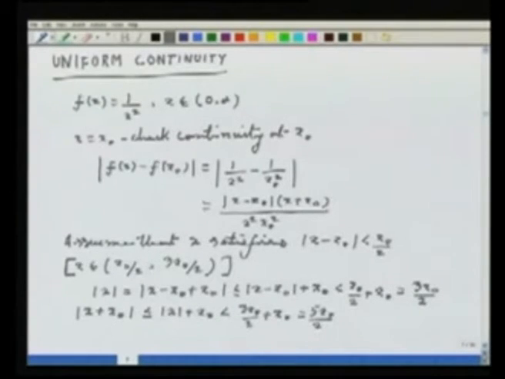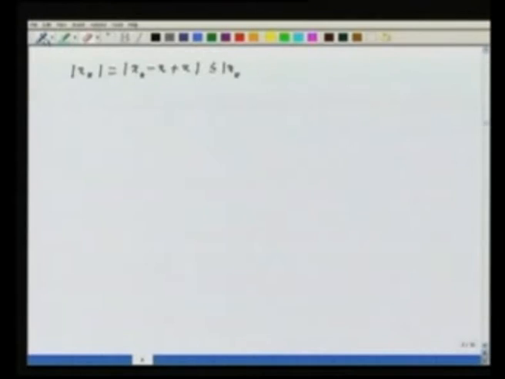Let us see. X naught plus x is less than 5x naught by 2. What I do is I look at mod x naught minus x plus mod x, but mod of x naught minus x is less than x naught by 2.